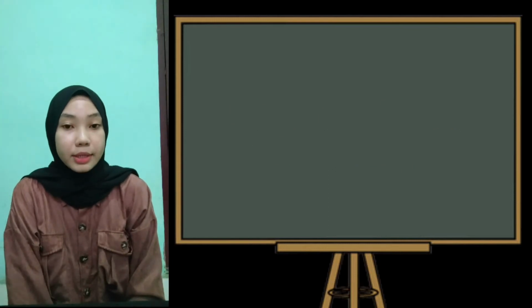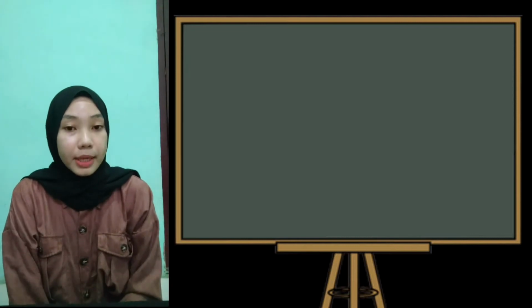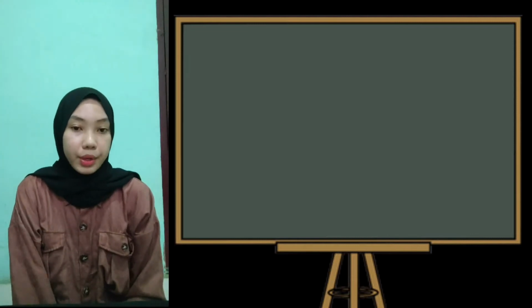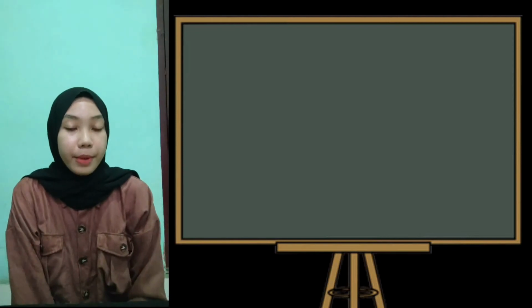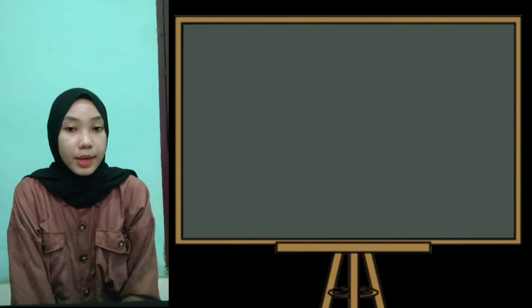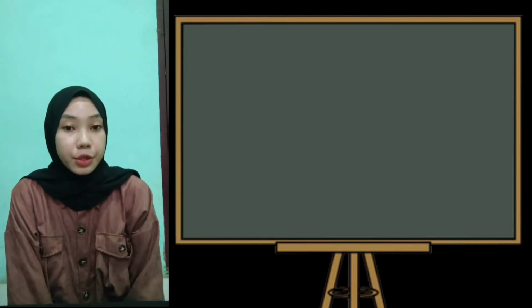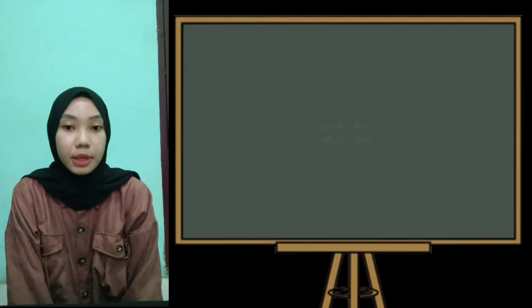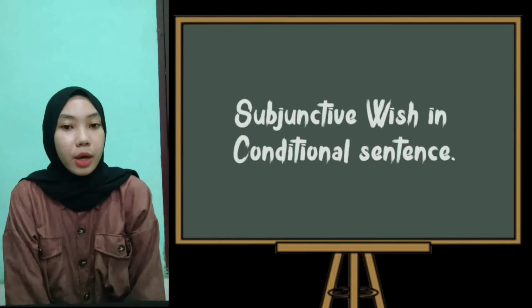Okay, today I want to explain about a grammar lesson again, the material conditional sentence without if. Before I start my presentation, I want to tell you about the submaterial in this presentation, which is subjunctive wish in conditional sentence. Let's get started with the definition.